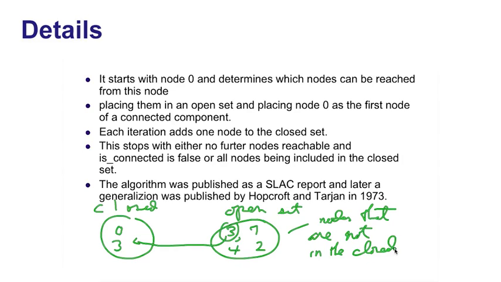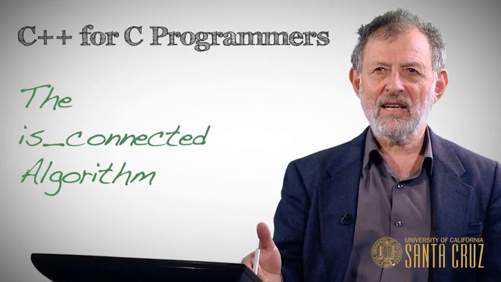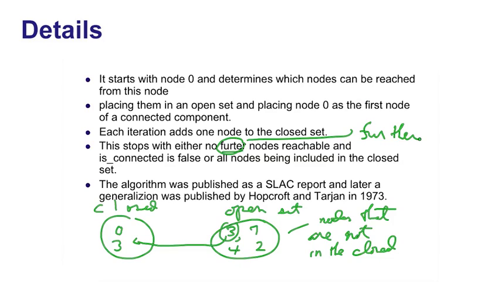The calculation will stop when one of two things happens. Either I can't reach all the nodes, in which case the open set is exhausted, and the closed set has yet to contain size nodes, all the nodes on the map.